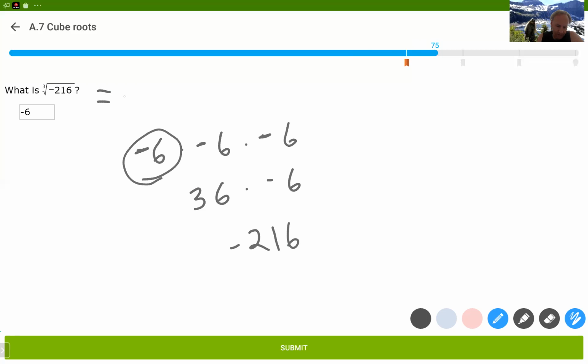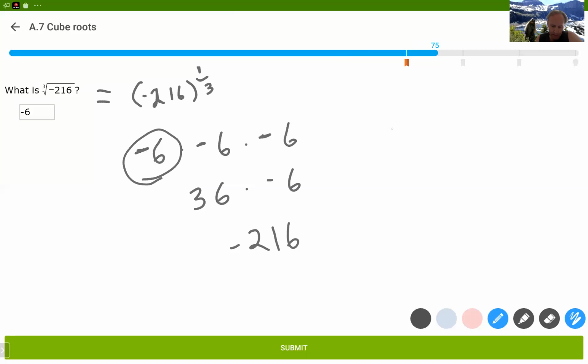Something to keep in mind, just a little insight into something. Another way to write the same thing is to say -216 raised to the 1/3 power. And a way of thinking about this is, as far as multiplication goes, 1/3 of this multiplication gives us -216, and -6 is 1/3 of that multiplication.